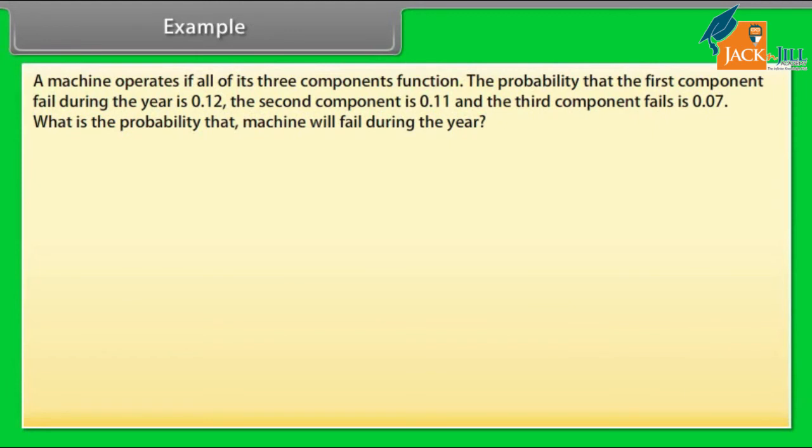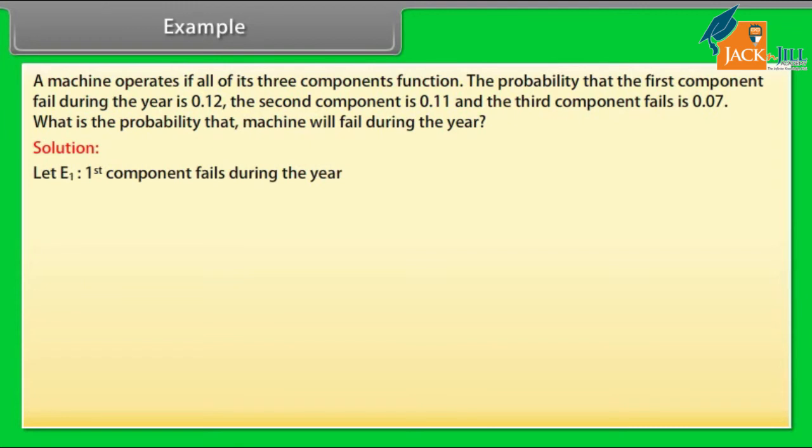Example. A machine operates if all of its three components function. The probability that the first component fails during the year is 0.12, the second component is 0.11 and the third component fails is 0.07. What is the probability that the machine will fail during the year? Solution.